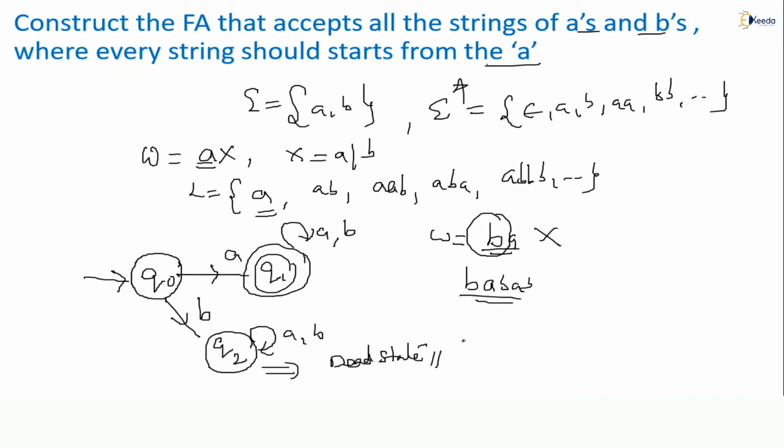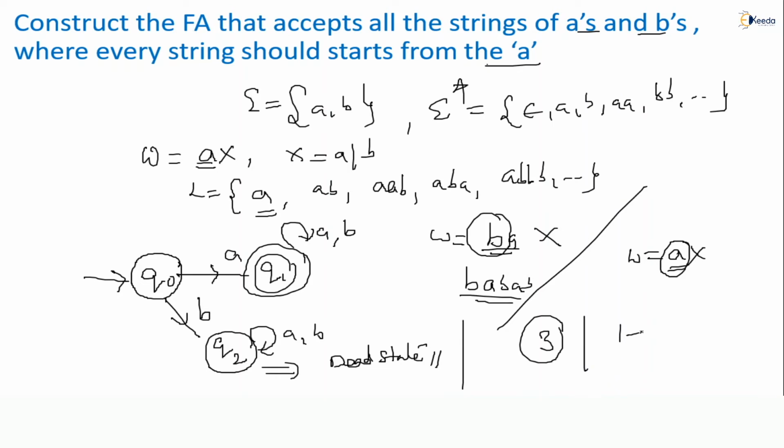So finally, the number of states required to construct this language will be how many? So 3 states we got, yes or no? Some observation we can make. So now W starts with A, correct or not? The starting symbol A: how many symbols are there? One symbol is there. So I can add one symbol plus 2, that is 3.